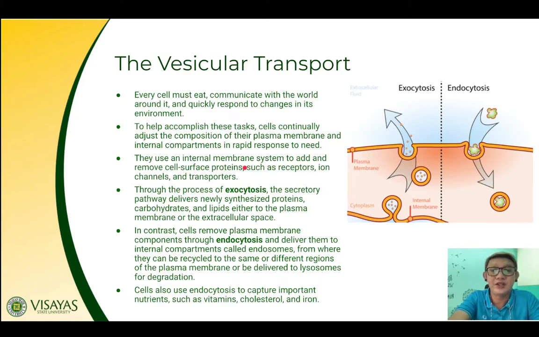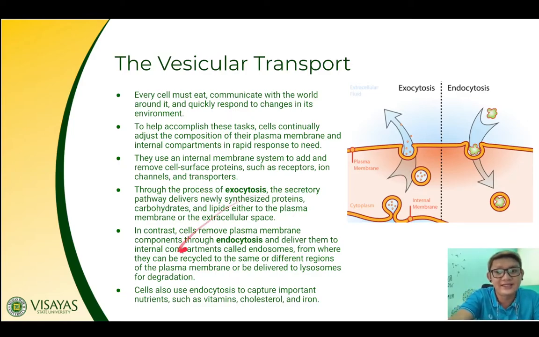They use an internal membrane system to add and remove cell surface proteins such as receptors, ion channels, and transporters. Through the process of exocytosis, the secretory pathway delivers newly synthesized proteins, carbohydrates, and lipids either to the plasma membrane or the extracellular space, or out of the cell.